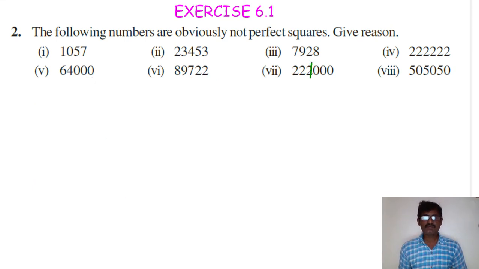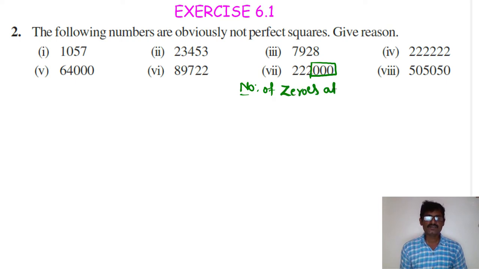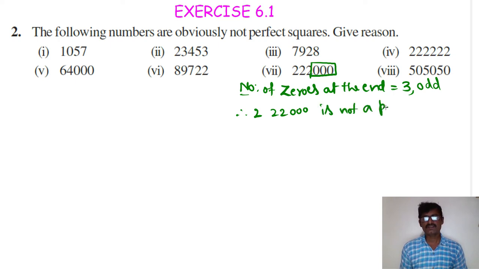In the seventh problem, the number of zeros at the end equals 3, which is odd. So therefore 2,22,000 is not a perfect square.